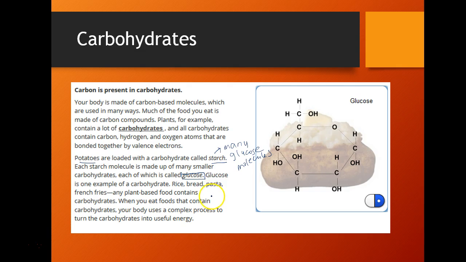Rice, bread, pasta, French fries, any of these plant-based foods contain carbohydrates. What's really interesting is that when you eat these foods, your body uses a very complex process to turn these carbohydrates into useful energy, which we'll talk about as well, and that's called cellular respiration.